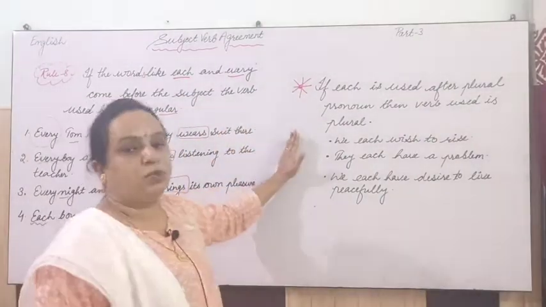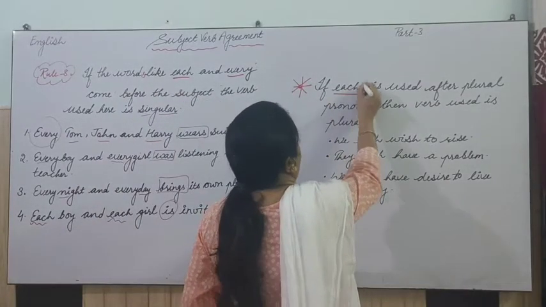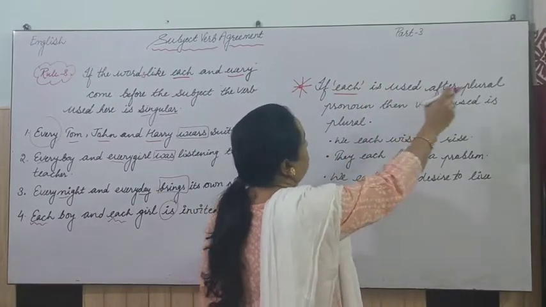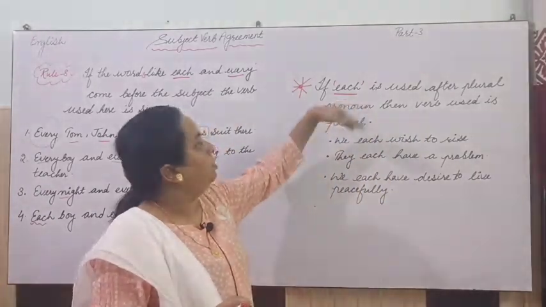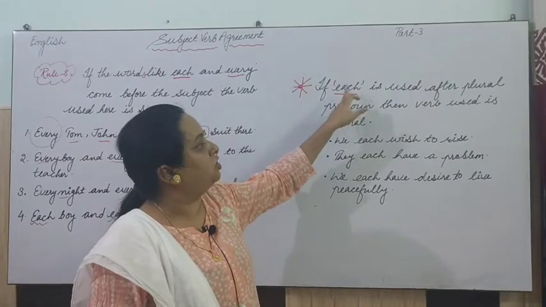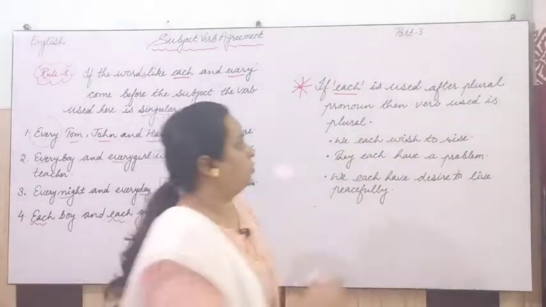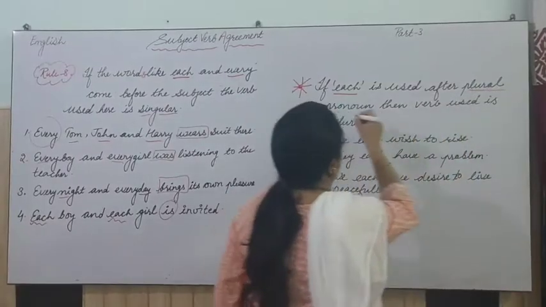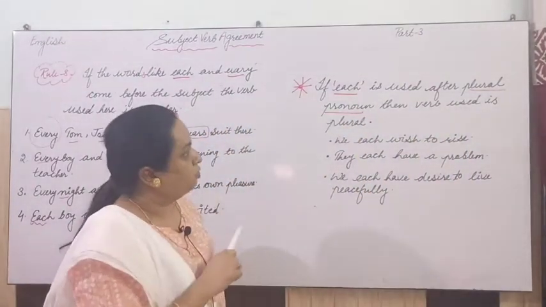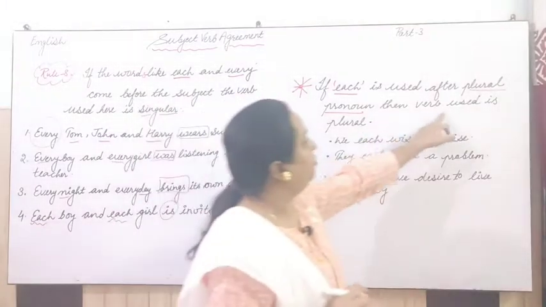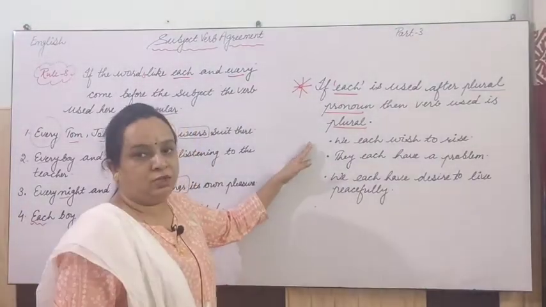But this is the exception to each and every: if the word each is used after a plural pronoun, meaning before each there is a plural pronoun, please see this carefully, then the verb used is plural. The examples are given to you.